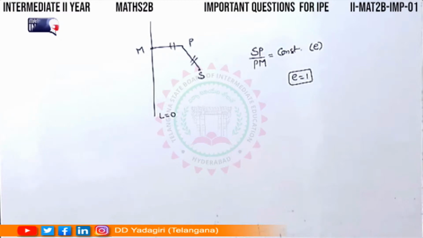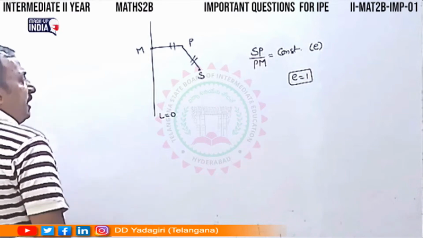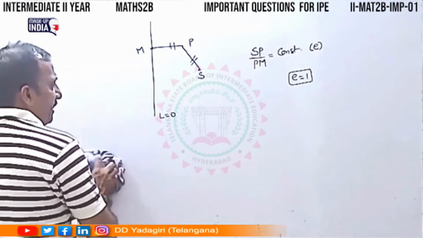The fixed point is the focus, and the fixed line is the directrix.